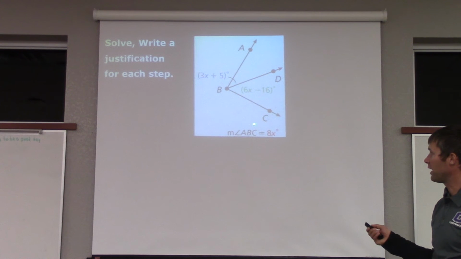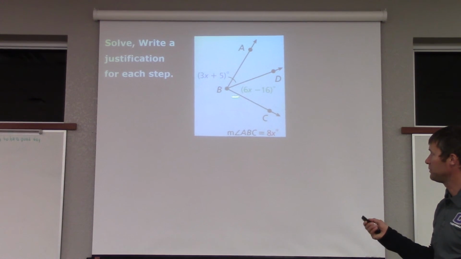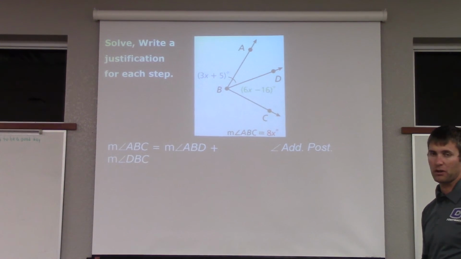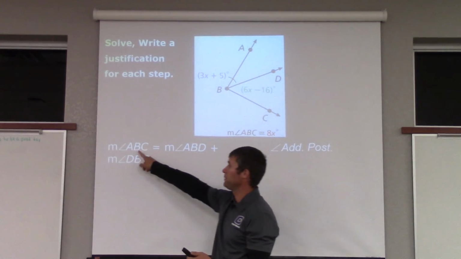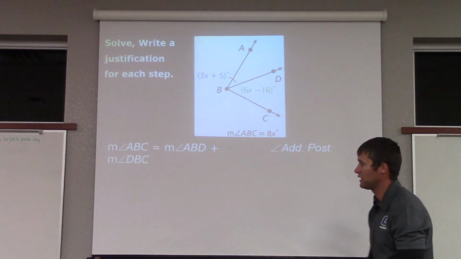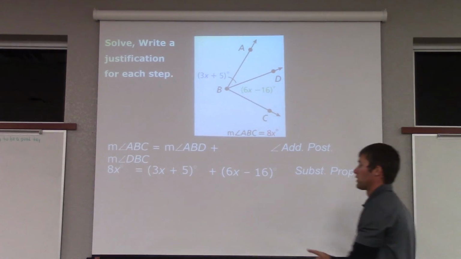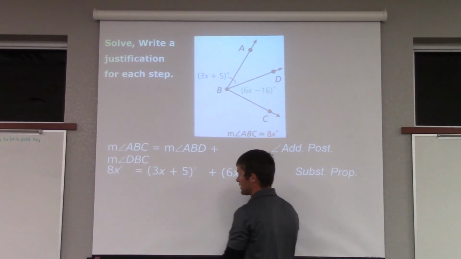This whole angle, ABC, is equal to ABD plus DBC. That would be angle addition postulate. Now, what is angle ABC equal to? It's equal to 8x, so we're going to substitute in the actual values. Once we do that, we're going to combine like terms: 3x and 6x, 5 and negative 16.